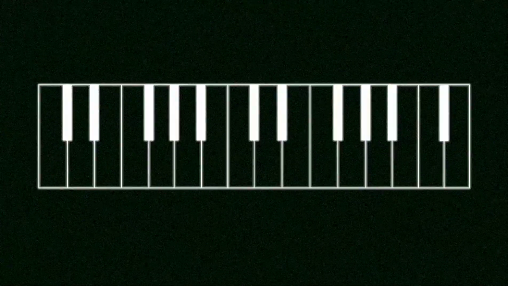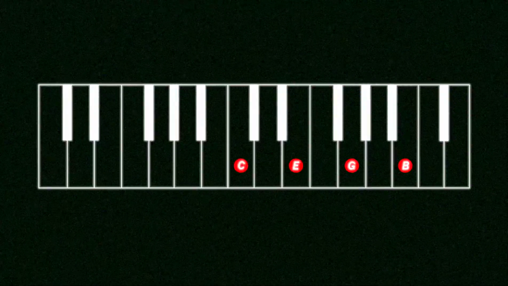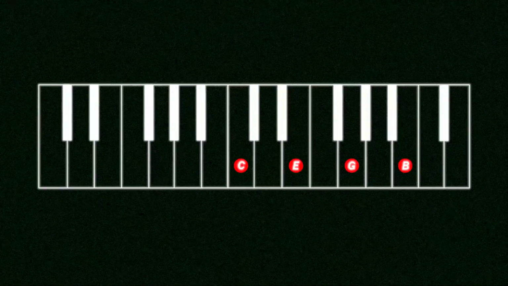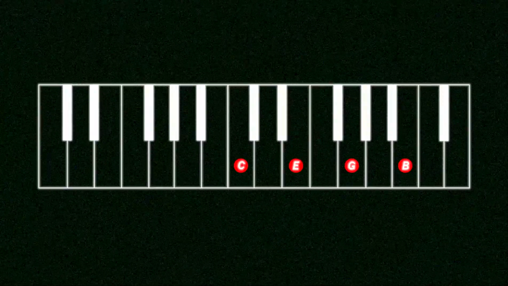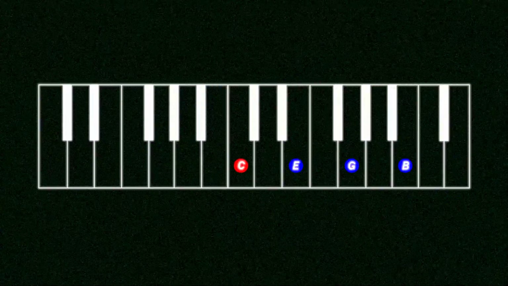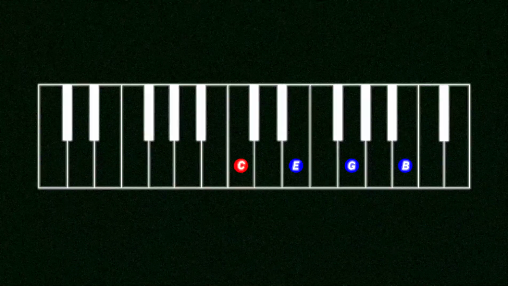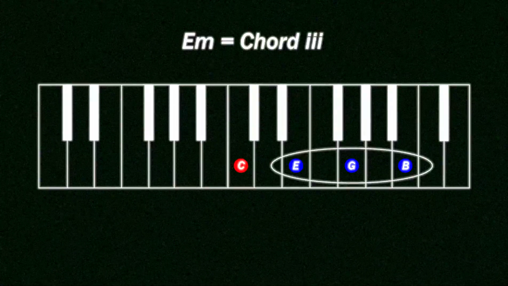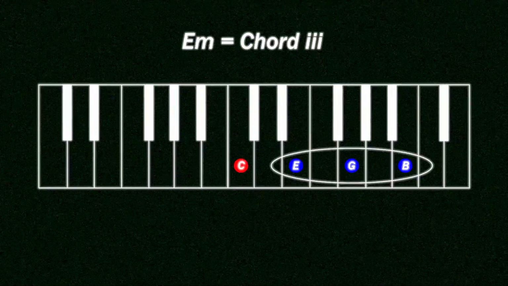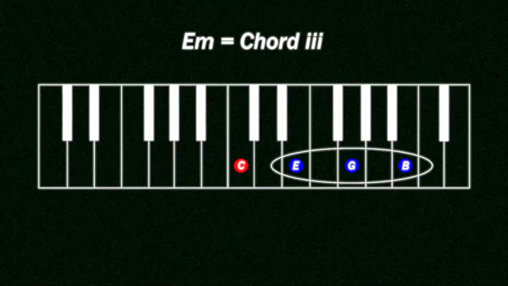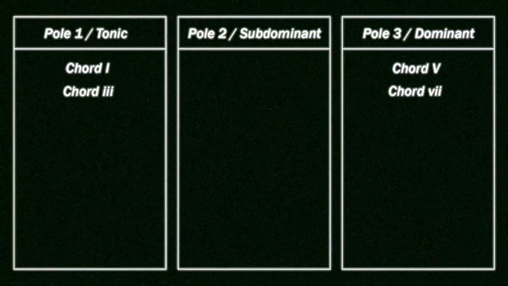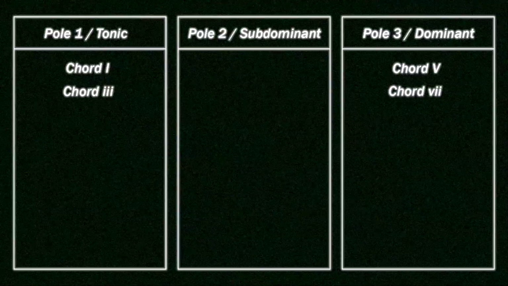If we look at the notes in chord 1, we have C, E, G, and B. If we compare a C major 7 chord to chord 3, an E minor triad, we can see that it shares the same notes. Knowing this, we can confidently put chord 3 into pole 1 with chord 1, since they both utilize the same notes.